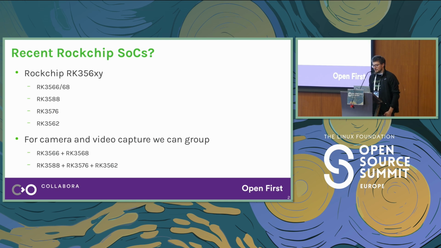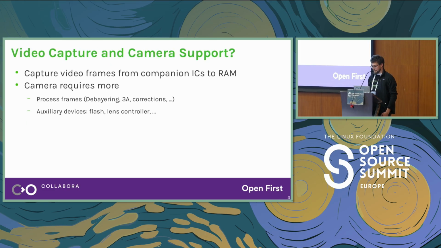The RK3588, of course, is the big flagship, the flashy thing, and the 3576 and the 62 are, again, some cut-down versions of the former, and they feature something that makes the camera and video capture stack pretty common, as we shall see.